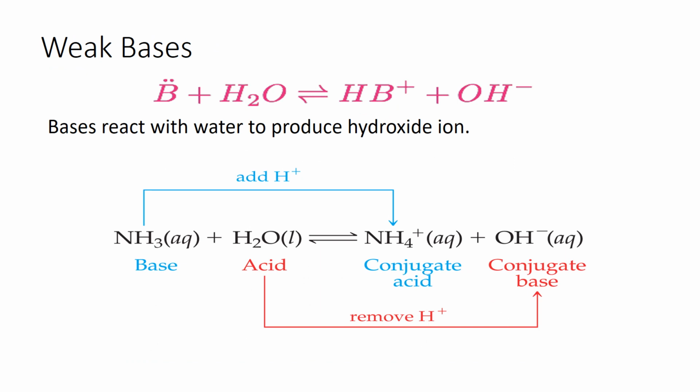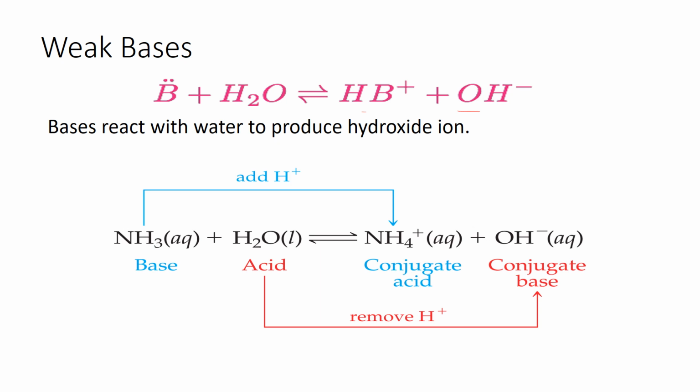So when we now come to bases, the weak bases, remember we talked about strong and weak acids, strong bases and weak bases. When a base reacts with water, it produces the hydroxide ion. So that is what you can see. An example here is ammonia plus water to give us the ammonium ion and the hydroxide ion.